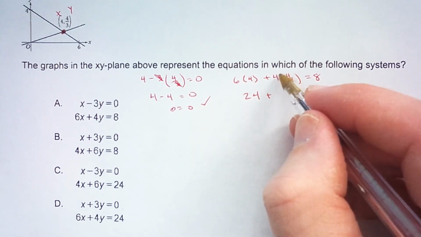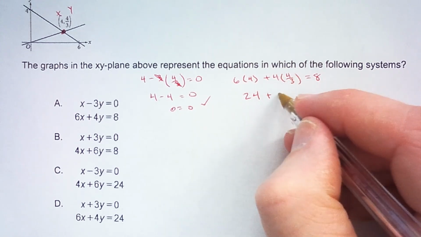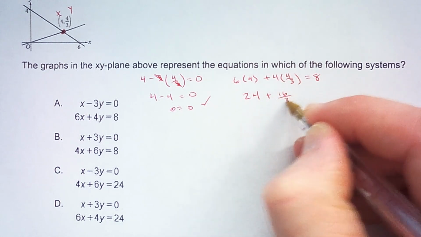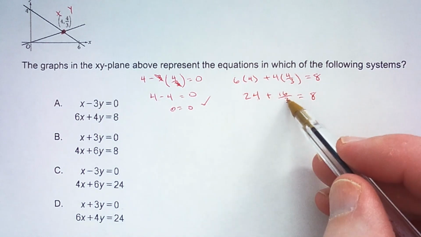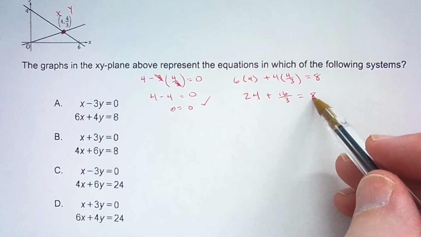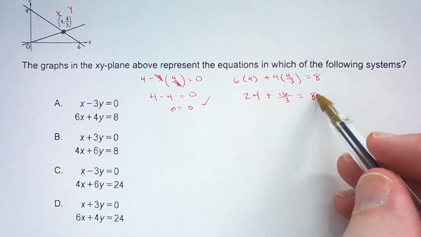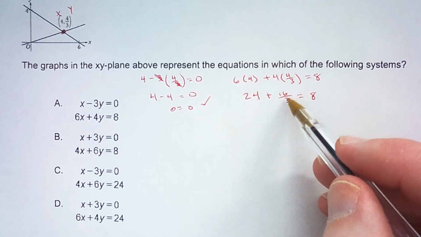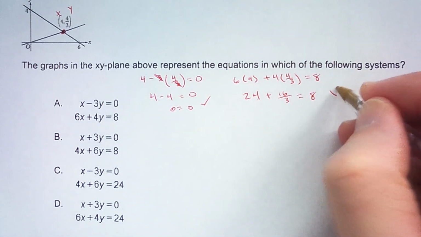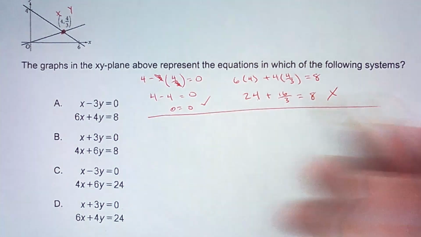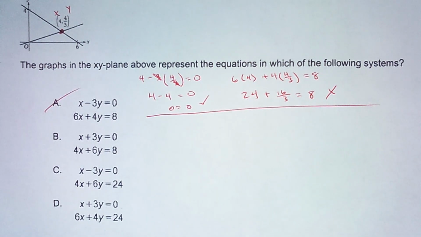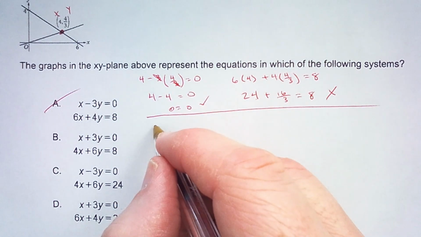And then we don't just cancel here, so we've got 4 times 4, which is 16, so this is 16 over 3 equals 8. So 24 plus 16/3 equals 8. 24 is bigger than 8 by itself, so once I add to that, that's not going to equal 8. So option A is no good. We'll move on to option B.